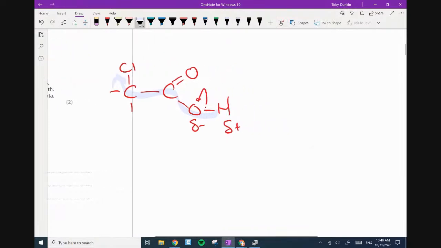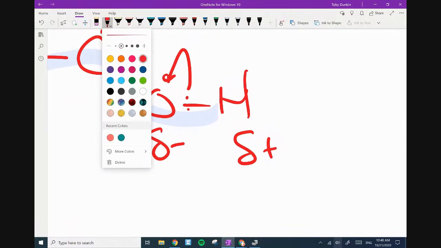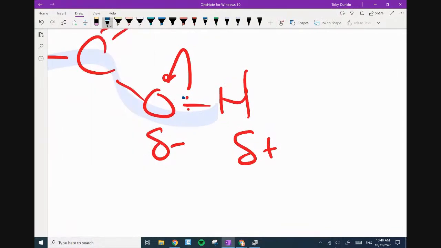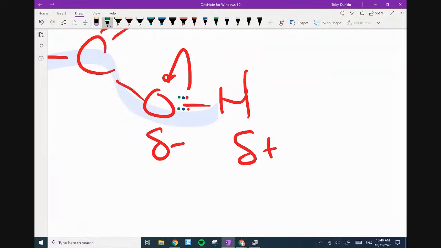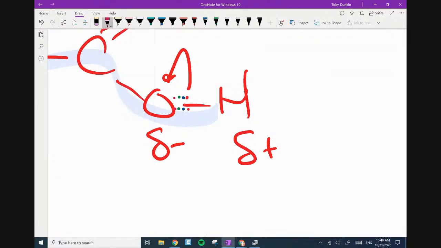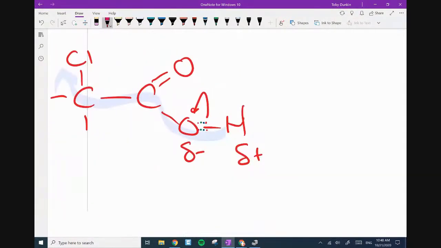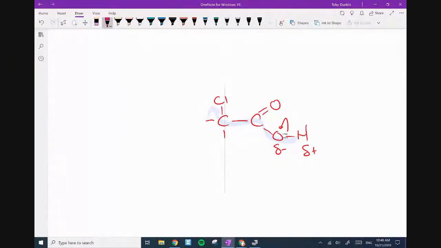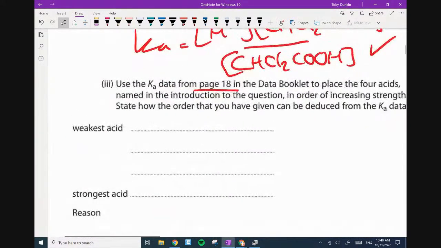That increases the polarity. 1 chlorine moves the electrons to here, 2 chlorines move the electrons to here, 3 chlorines move the electrons to here. So they slowly become more and more polarized, which means the acid becomes stronger and stronger. More H pluses break off.